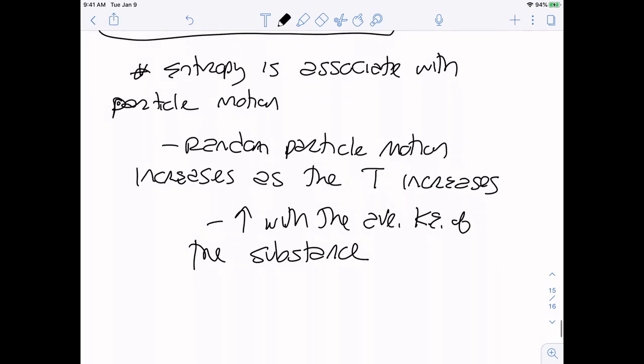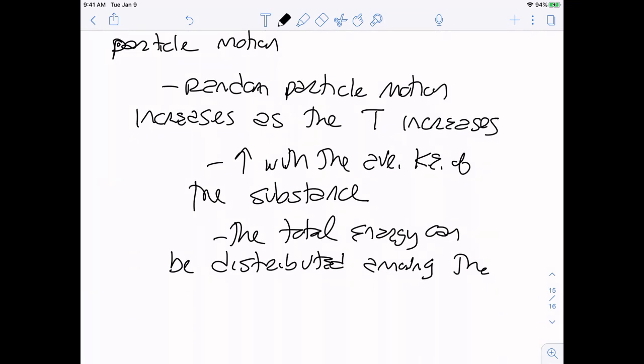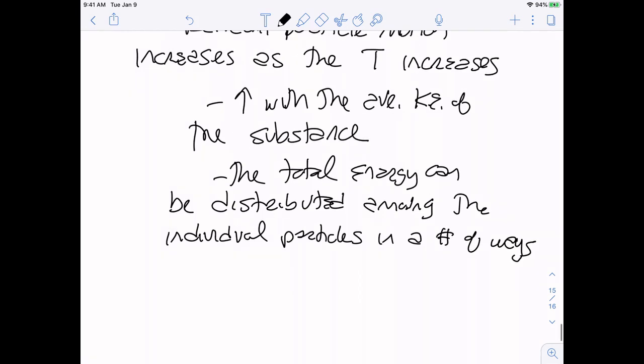So this total energy can be distributed among the individual particles in a number of ways, right?